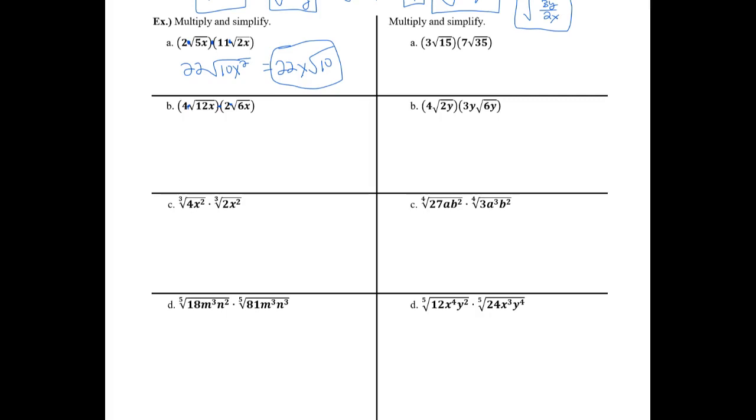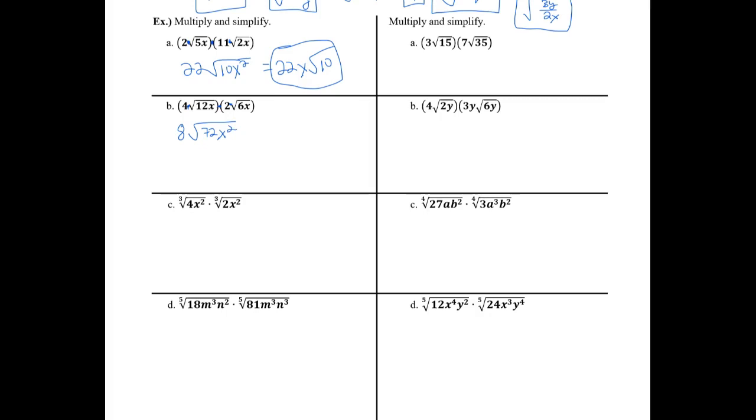I'm going to choose to multiply the coefficients, starting with 4 times 2, which is 8. Then I multiply anything that's underneath the radical. So 12x times 6x is going to give us 72x squared. So the square root of 72x squared.